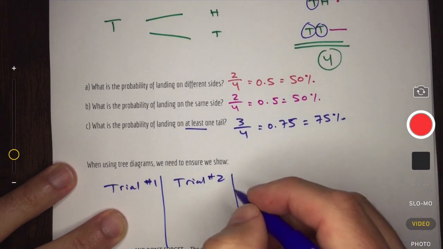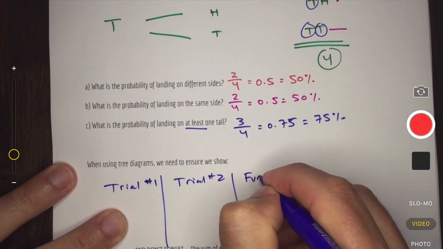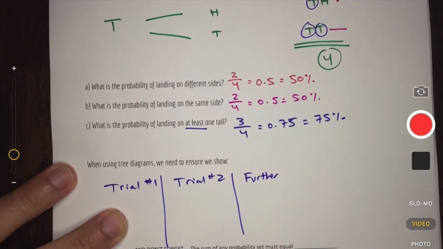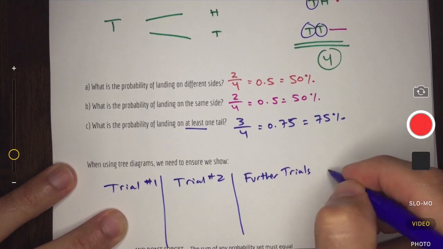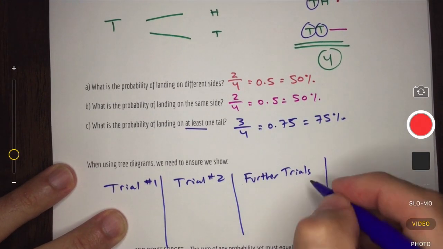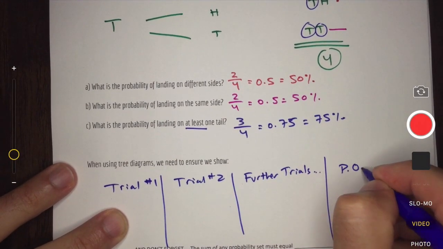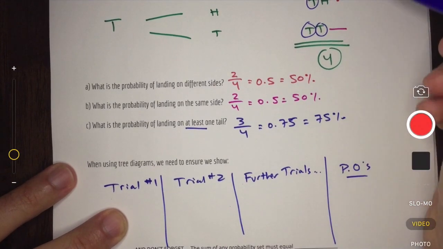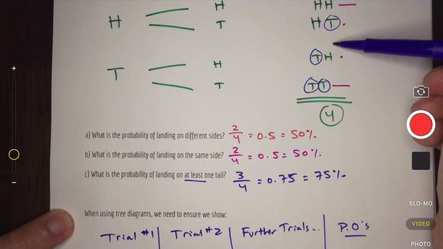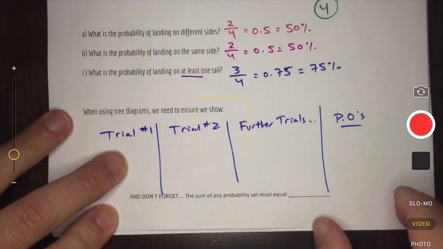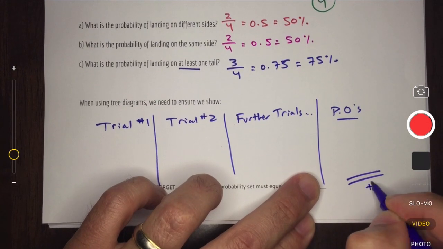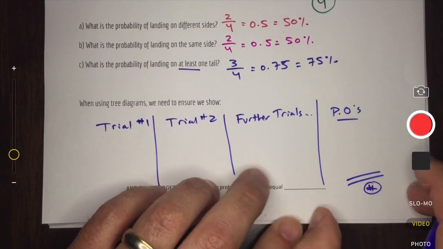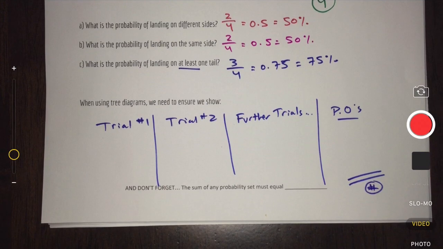There may be situations down the road where you have to show further trials, so you might have to flip your coin a 3rd time, for example, and you'd have to make sure that you show that. Finally, once that is all done, you need to show your possible outcomes as a nice organized little chart, which is what we did up here. And the final thing, once we've shown our possible outcomes, is to identify the total number of possible outcomes, because that's going to be the denominator once we start calculating our probabilities.